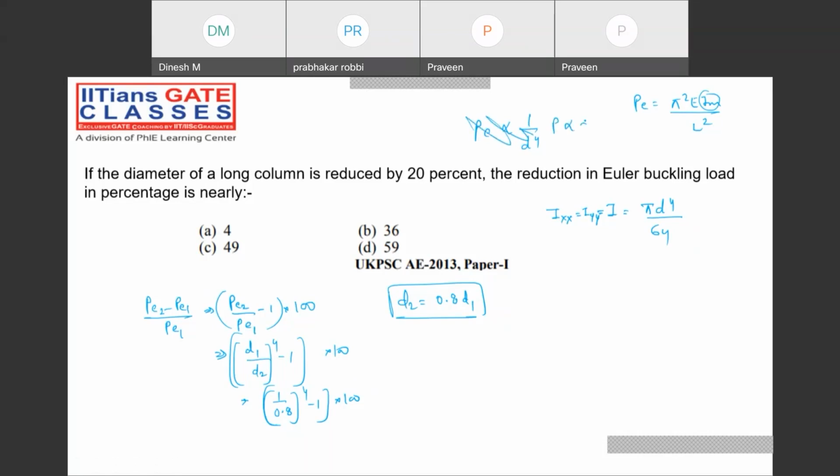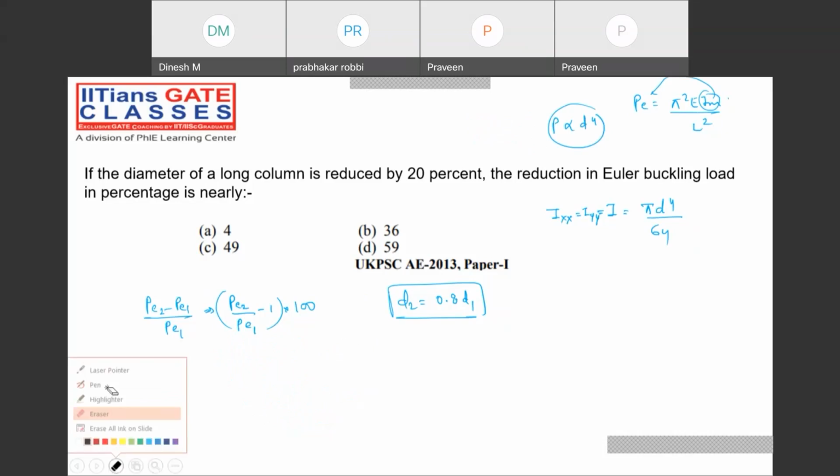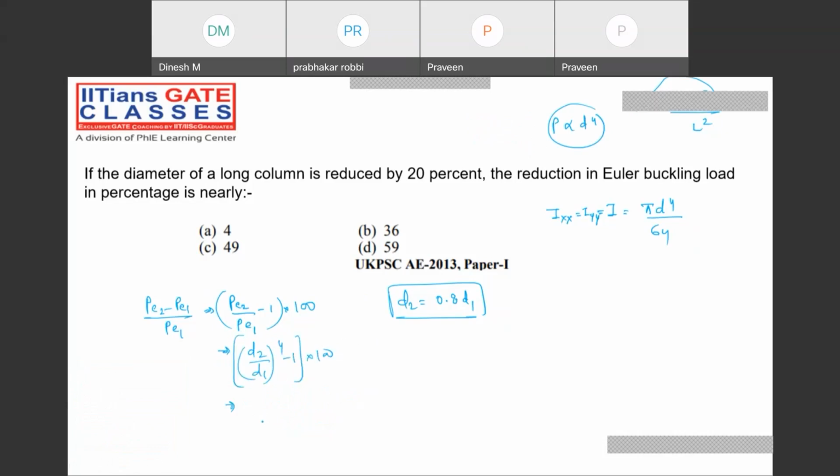It is directly proportional, right? Yes or no, guys? The Euler buckling load is directly proportional. So 0.8 to the power 4 minus 1 into 100. So that is going to be 59. That will be the answer. Minus sign means reduction.